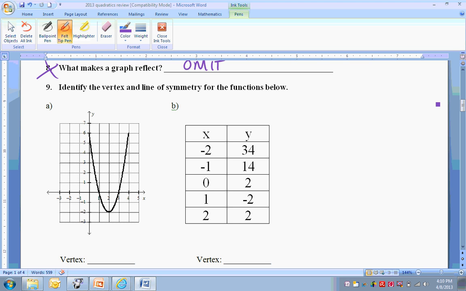Okay, number 9 asks us to identify the vertex and the line of symmetry for the functions below. Well, remember, the vertex is the highest or lowest point on a parabola. In our graph, it's easy to identify this point right here as our lowest point, and that is at (2, -2).